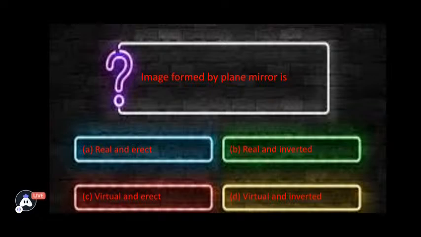Out of these 4 options, what do you notice when you see the image in case of a plane mirror? When you see yourself in the plane mirror, I must say. So, hurry up, tell your answers. You need to answer fast. Great.